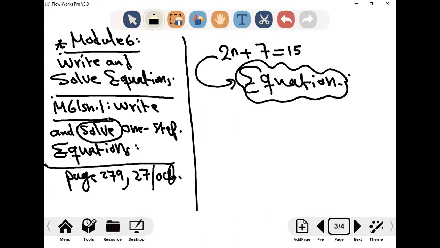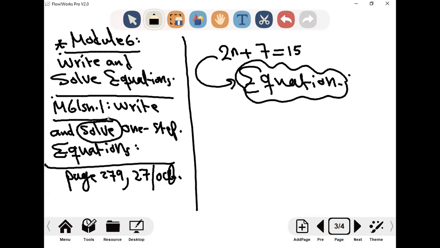What's the meaning of solving an equation? Which is the important thing. Now, from now until the ending of your learning career, solving an equation means what? To find the value of the variable in that equation. Got it?